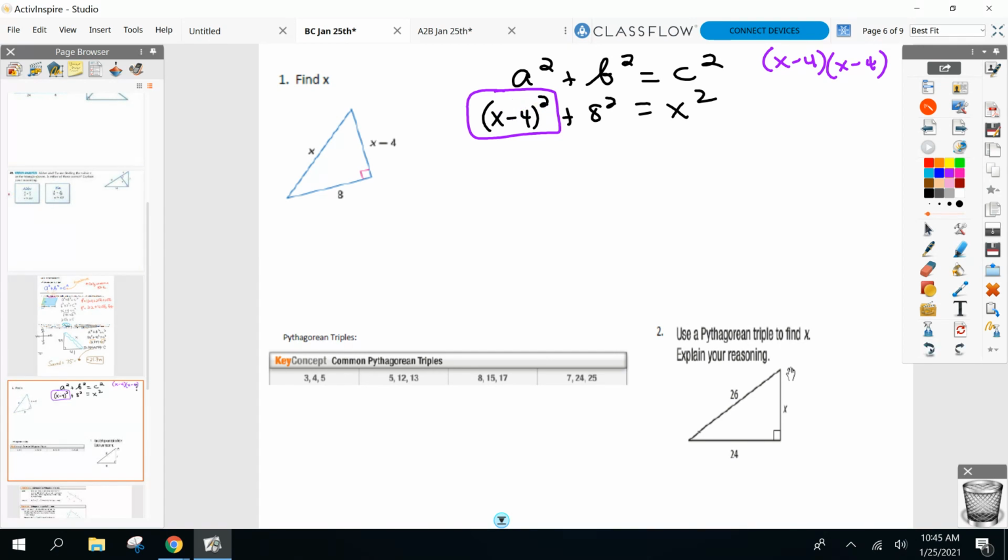So I will give you guys a minute here to go ahead, double distribute, and FOIL. X minus 4 squared is x minus 4 times itself.